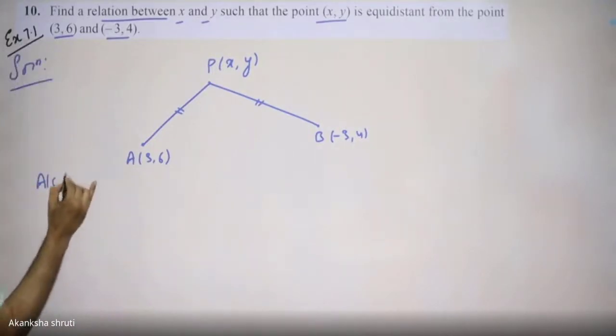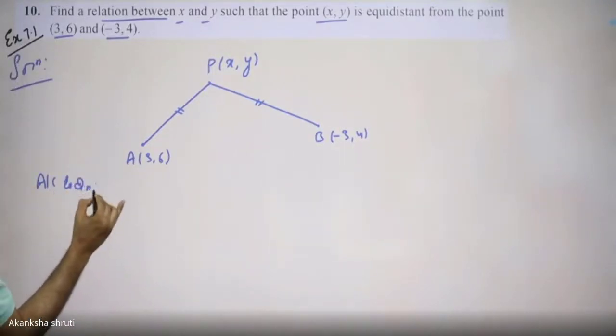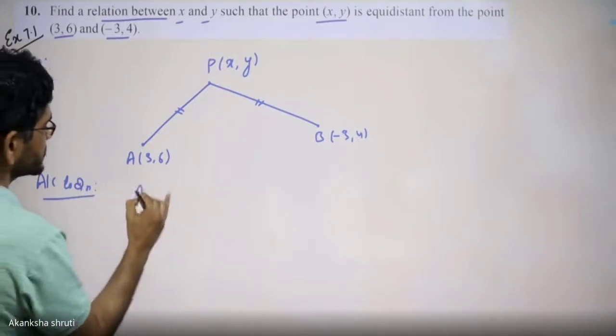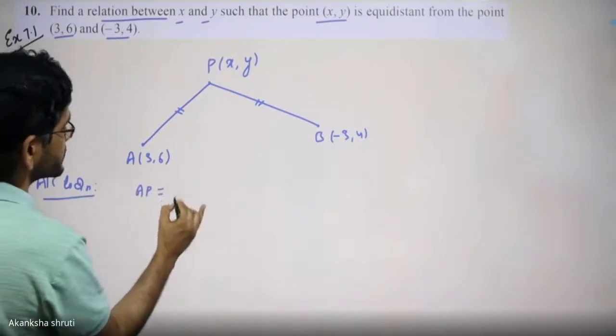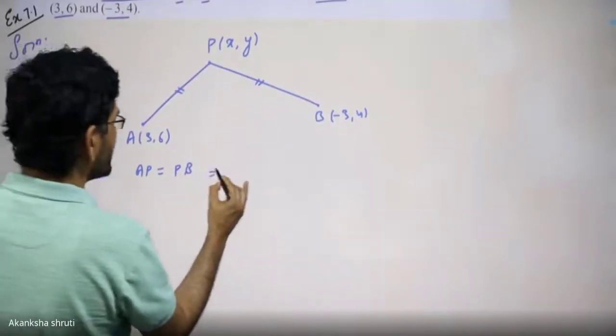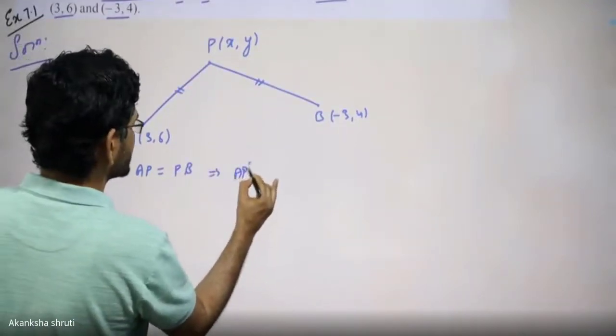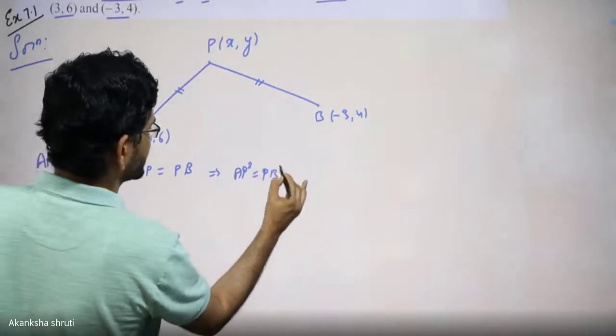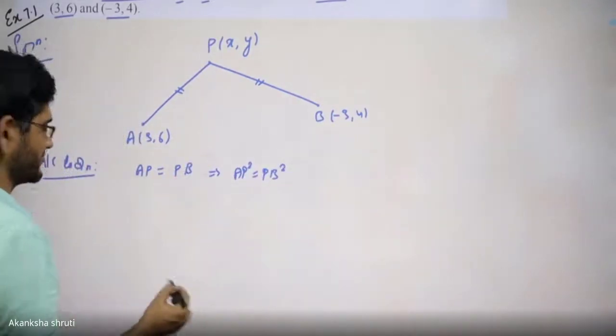So according to the question, this P is equidistant. So AP is equal to PB. Students, when they are equal, we may also take this as AP square is equal to PB square. If we write this as the square, then the square root can be left.